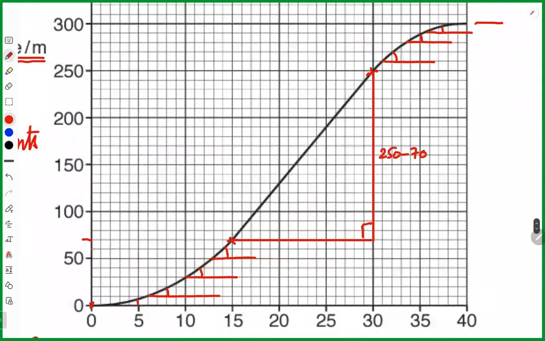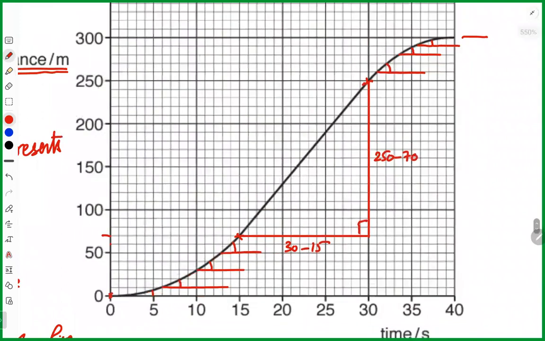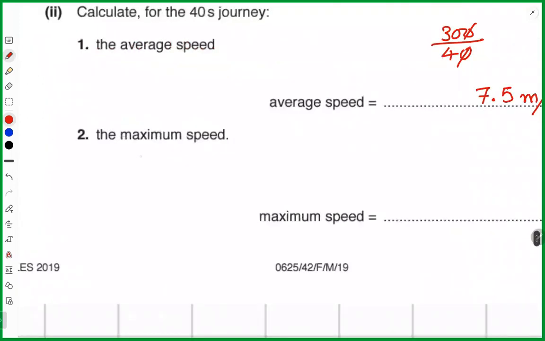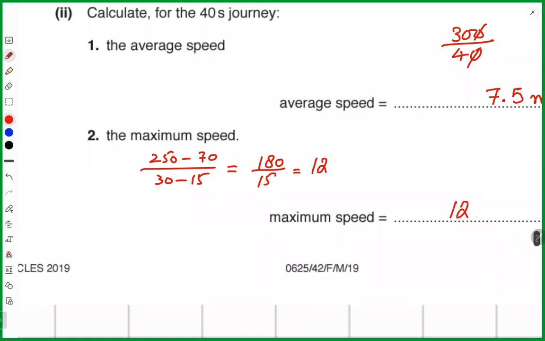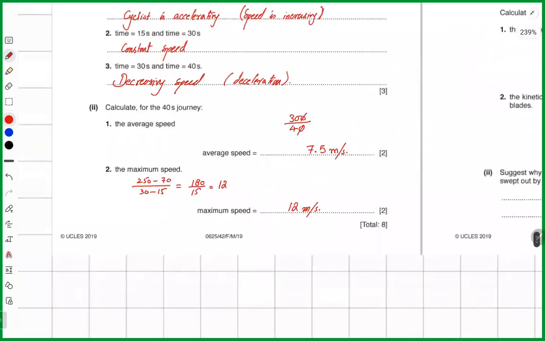And the run will be 30 minus 15. So maximum speed will be 250 minus 70 divided by 30 minus 15, which is 180 divided by 15. So 12 meters per second. Please check with the calculator. Yes, it's 12.